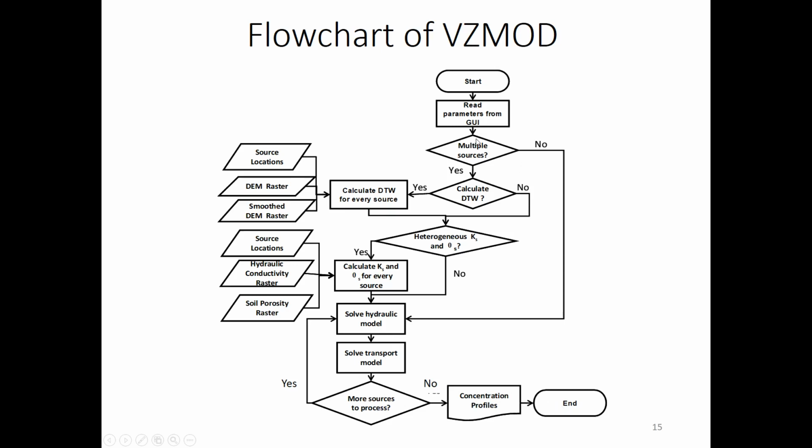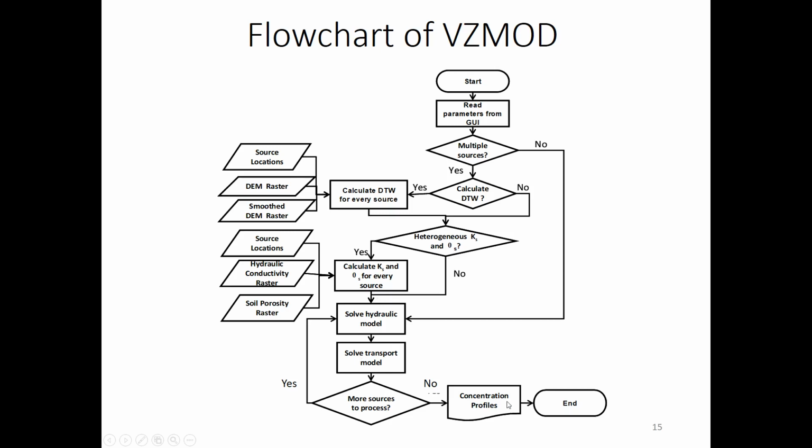But if you have multiple septic tanks, then you come here and you ask, do you need to calculate the distance from the drain field to the water table? If it's no, then you ask whether you're going to consider heterogeneous hydraulic conductivity and porosity. If it's no, it's just like what we did here. Everything is homogeneous.